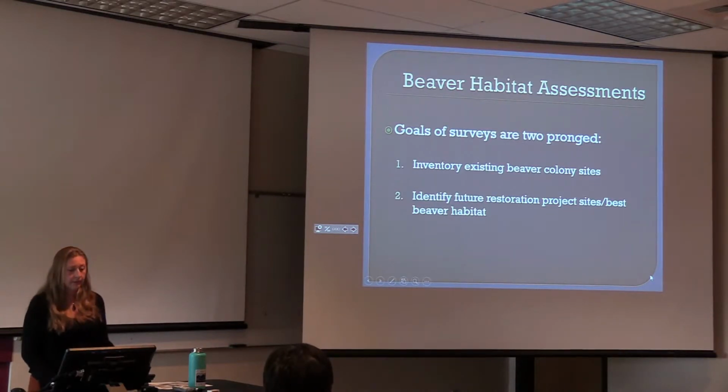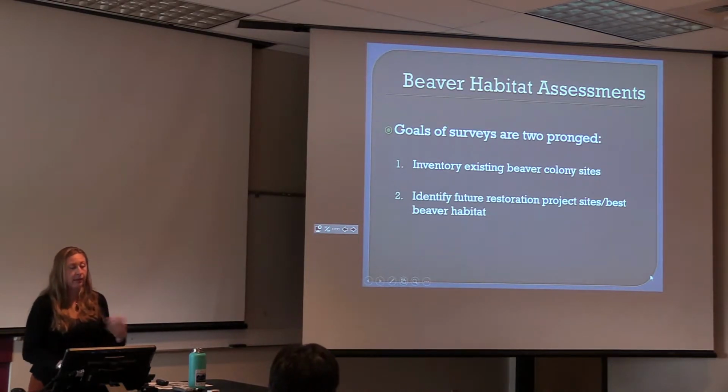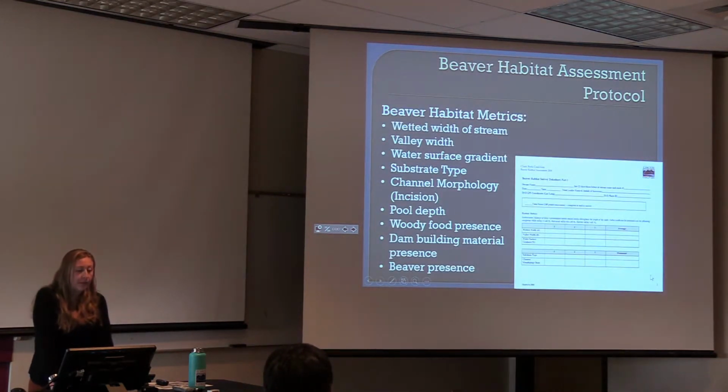The goals of the surveys were to inventory the existing beaver colony sites, and then also identify future sites and best beaver habitat. The metrics that these kids collected were pretty simple, but you can glean a lot of information, not just for beavers, but also for fish.